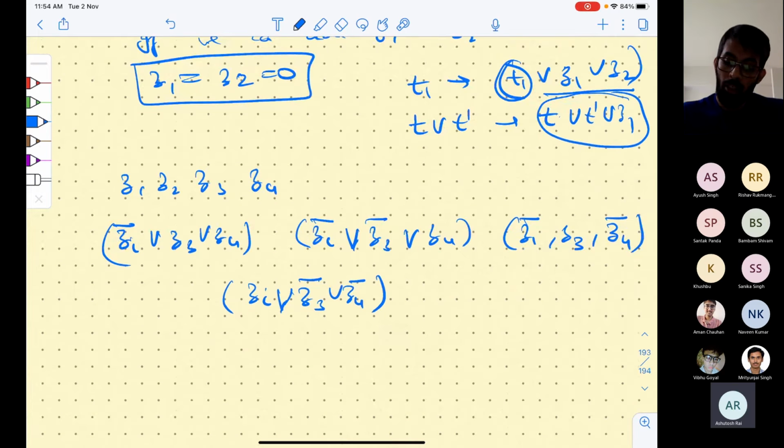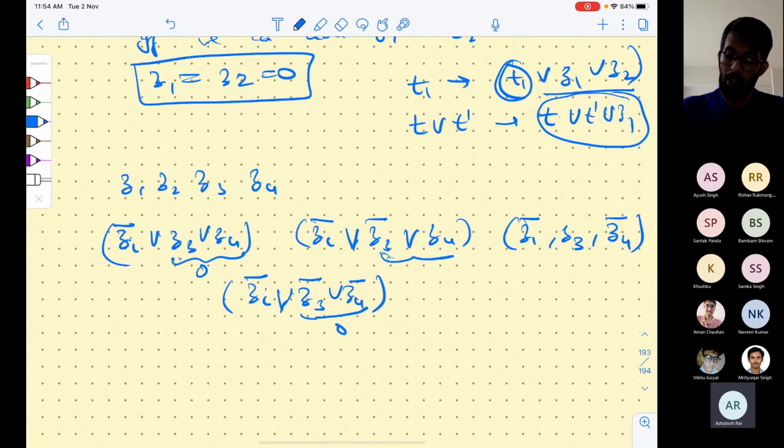So if you add all this, you'll see that Zi is always negative, and no matter what value you take of Z3, Z4, one of these 4 will become 0. Either this will be 0, or this will be 0, or this will be 0, or this will be 0, right? And whenever it becomes 0, the other guy will have to become 1. That means Zi bar has to become 1. That means Zi will have to become 0, right?